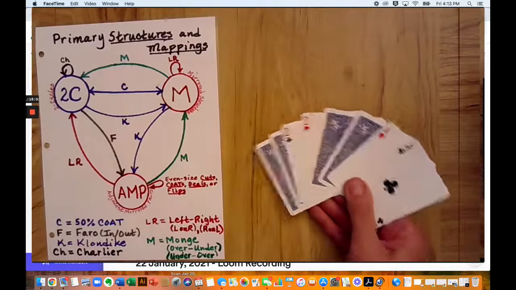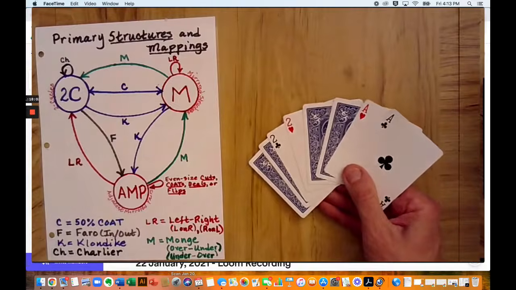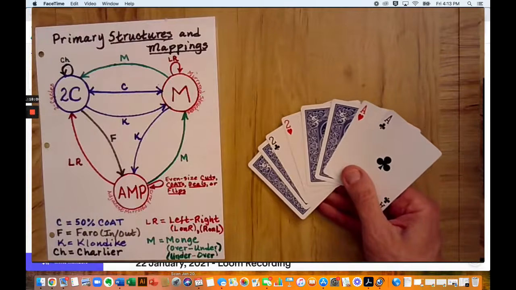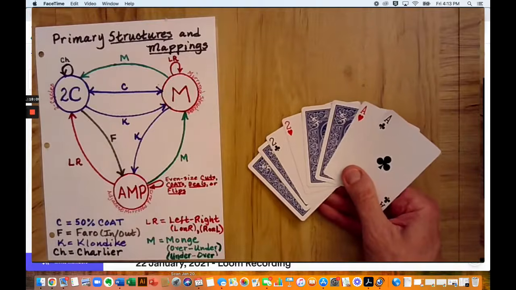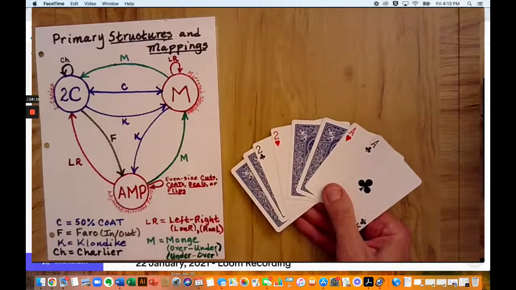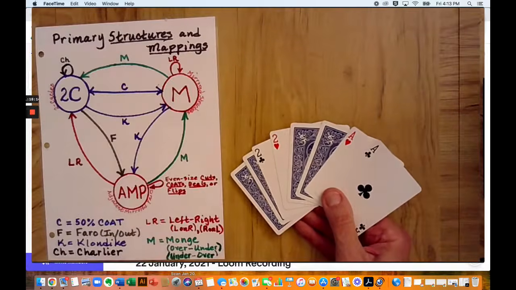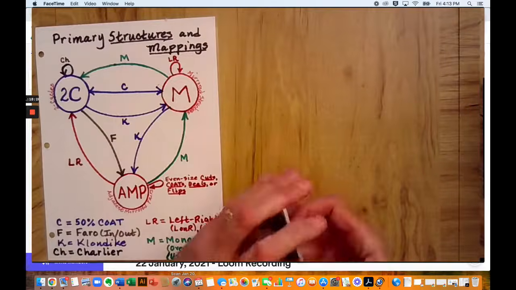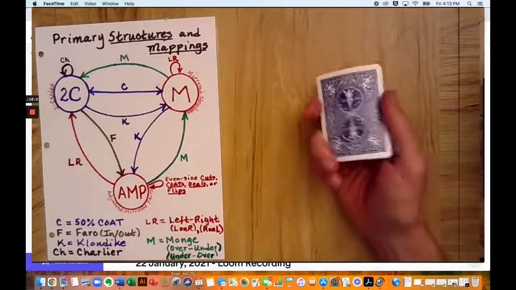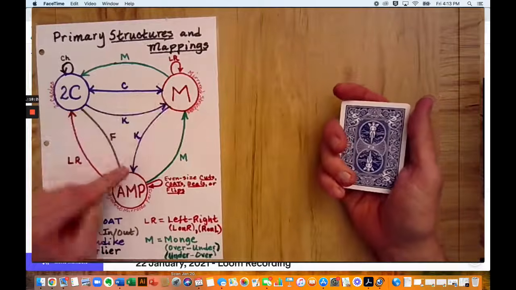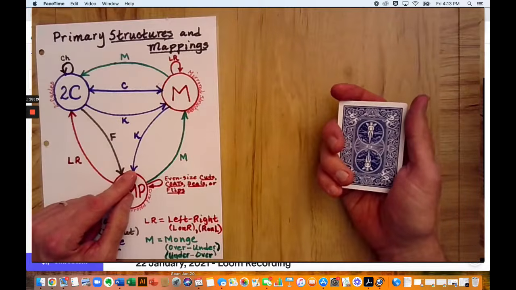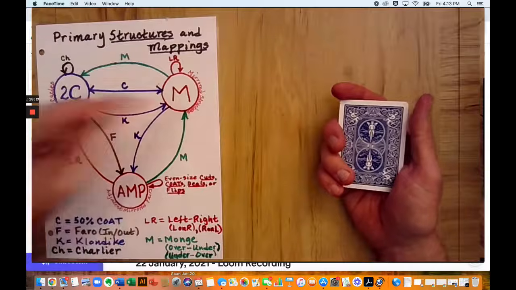The only connection they have is the fact that you put them into categories on your secret piece of paper. So even though there's something obvious going on there, it doesn't have to be, in general. Anyway, that's an AMP, and a Klondike shuffle will get you from a mirrored to an AMP.